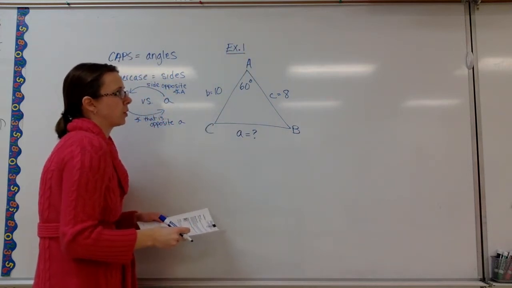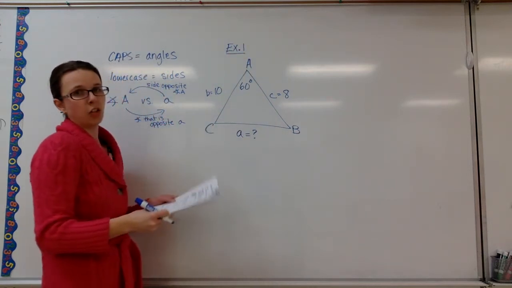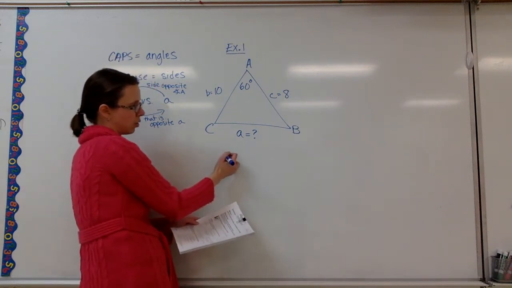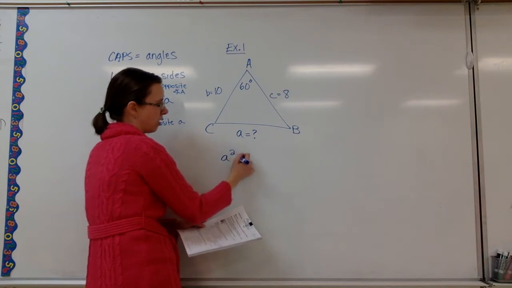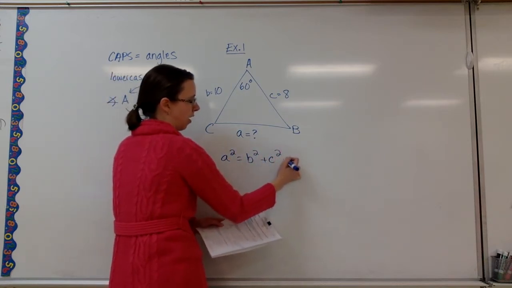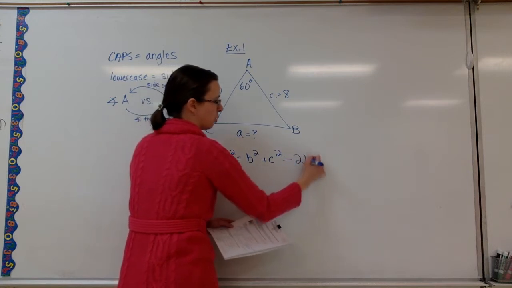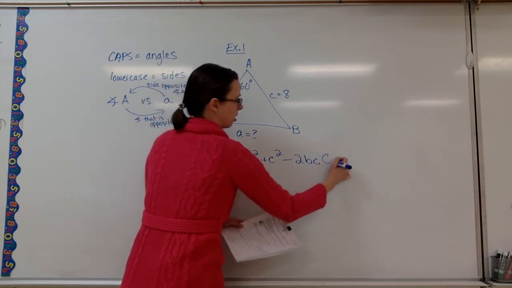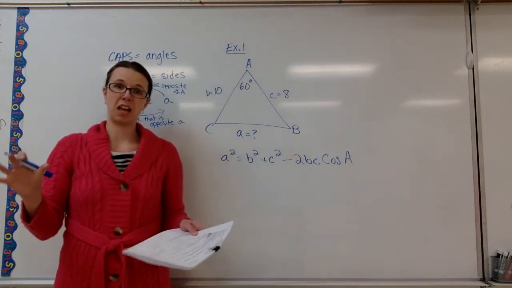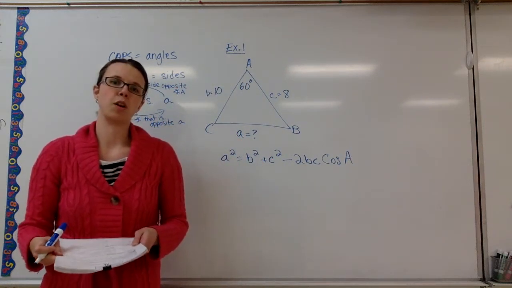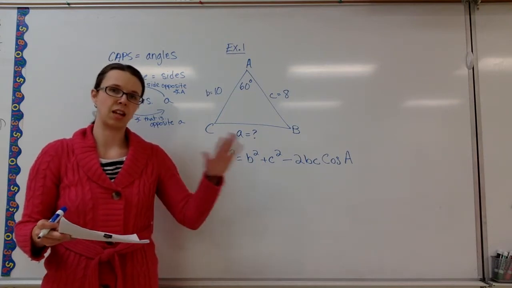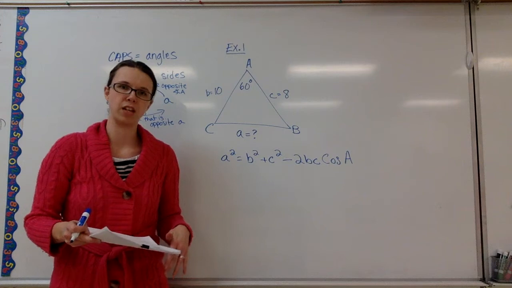So we're going to start using this idea called the law of cosines, okay? The law of cosines has the equation a squared equals b squared plus c squared minus 2bc cosine of A. I know that seems kind of arbitrary. If you want to know where that formula comes from, you can look at the extension videos toward the bottom of our video lessons page.